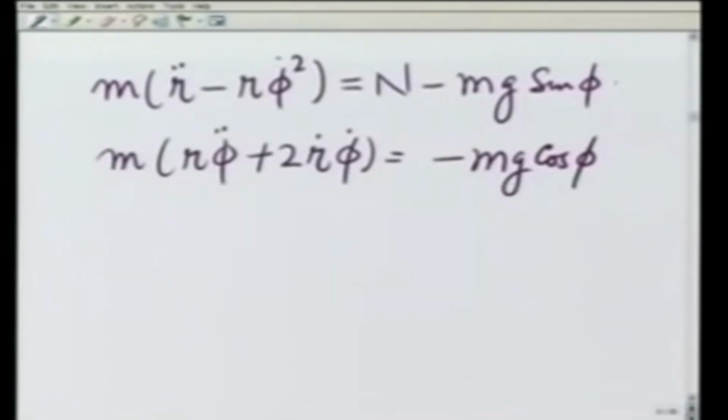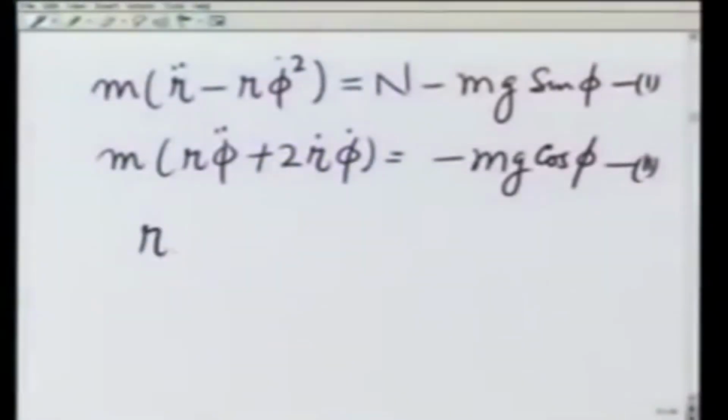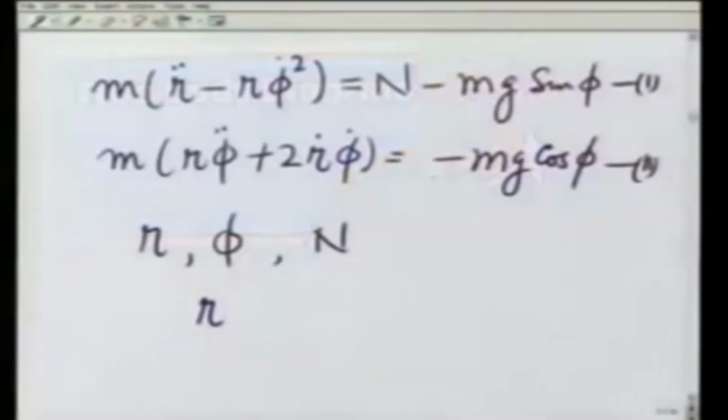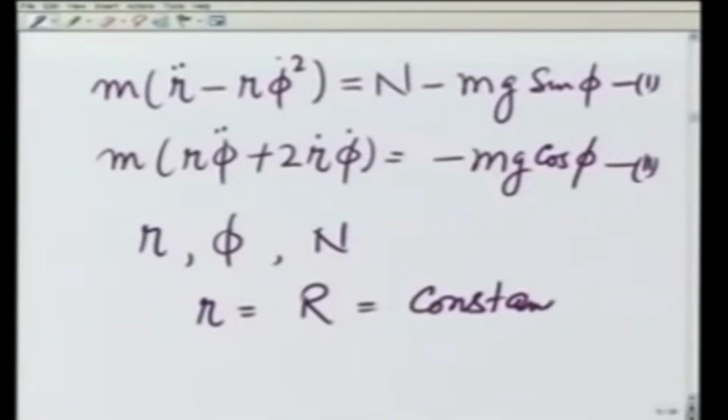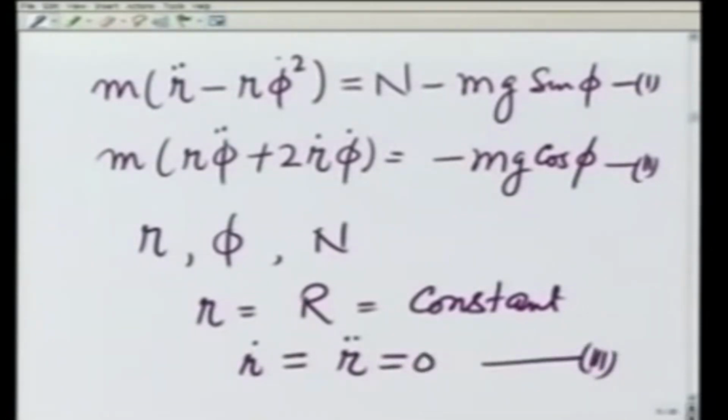These are two equations of motion, and the number of variables involved are r, phi and N. As I had said earlier, at this stage the number of equations would generally be less than the number of variables in the problem, and that is because so far I have not taken into account the equation of constraint, which in this case happens to be r is equal to R, which is a constant, and therefore r dot is equal to r double dot is equal to 0, and that is my third equation which I can solve.